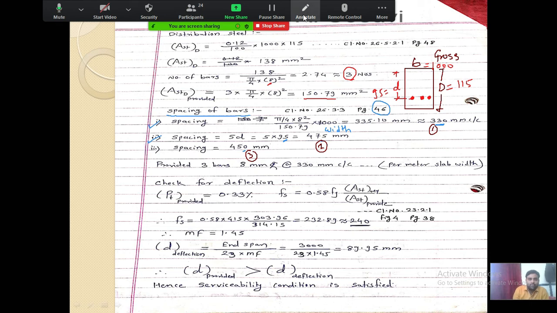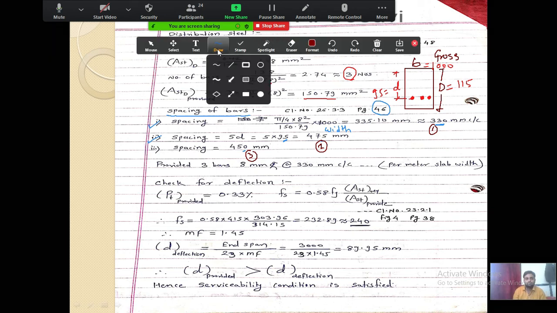So now, check for deflection. The percentage of steel provided is 0.33%. We have already calculated the percentage of steel, and it is 0.33%.